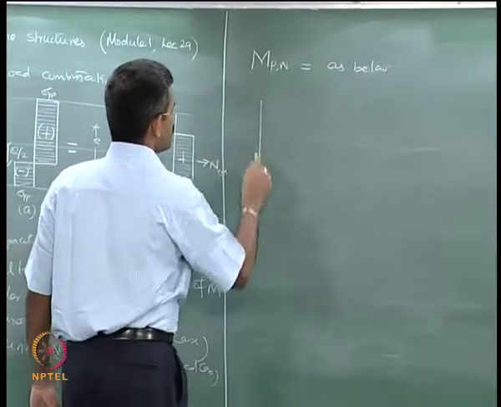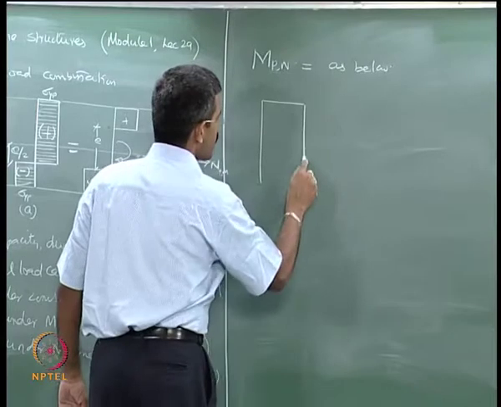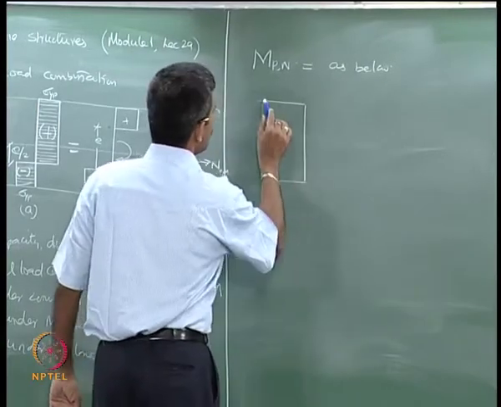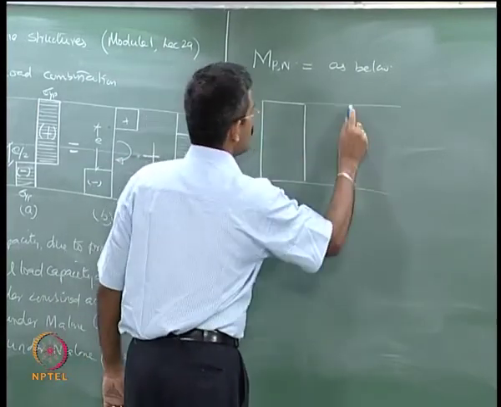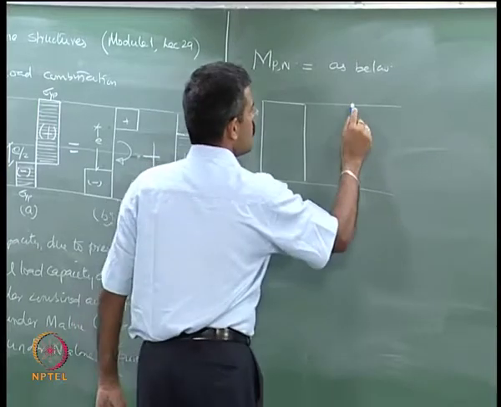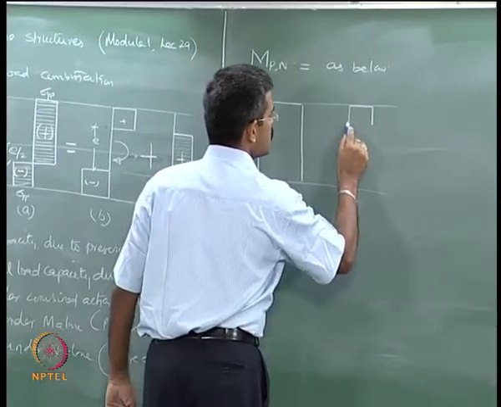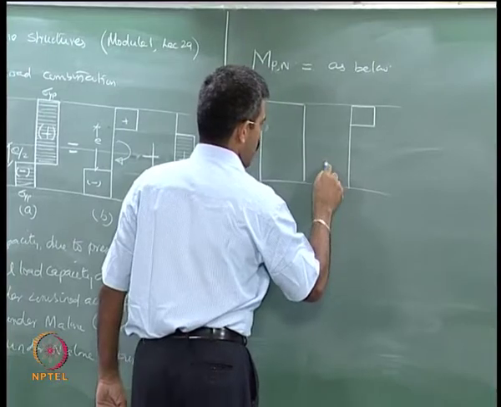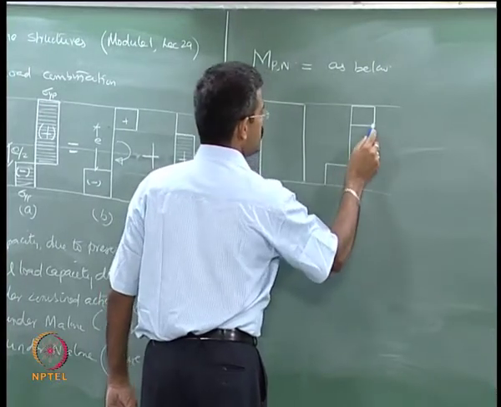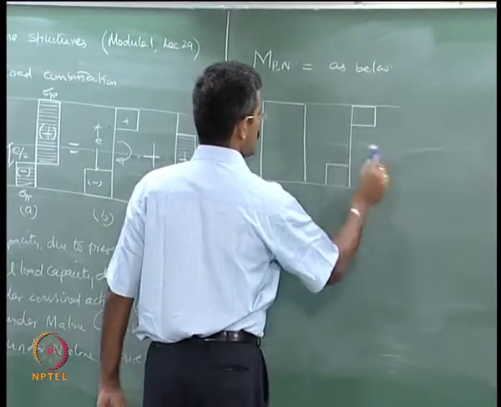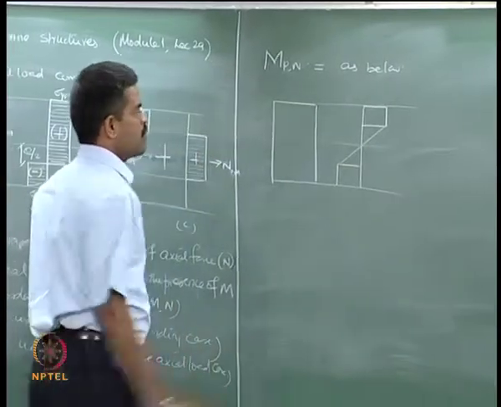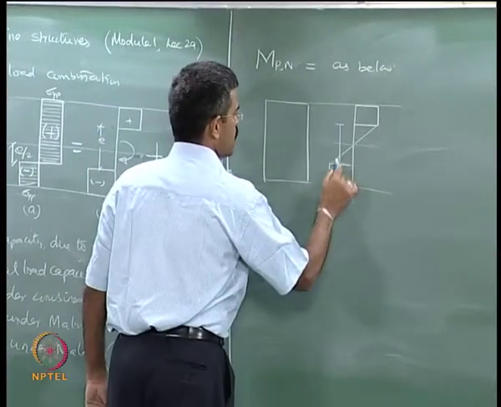Let us say I have a rectangular section which has a distribution like this. We call this as elastic core, we already know this.